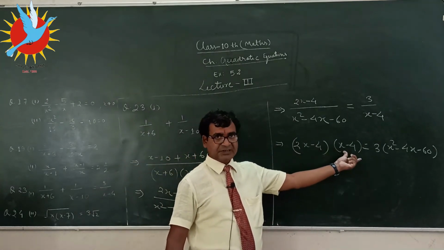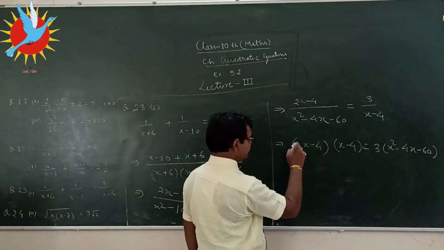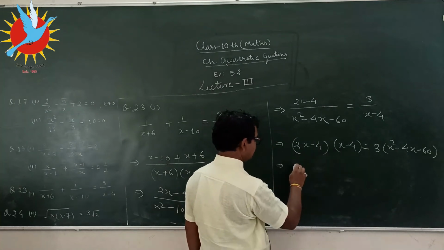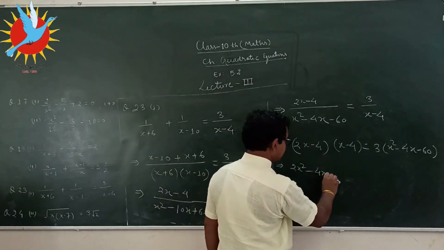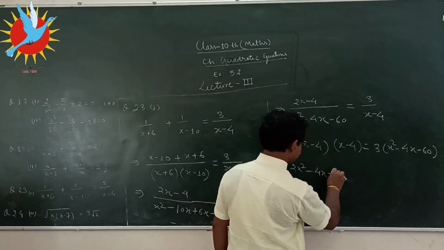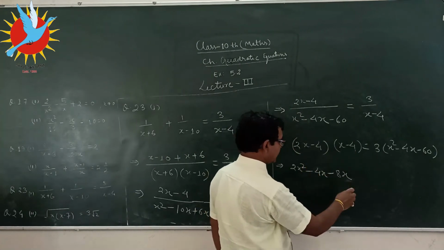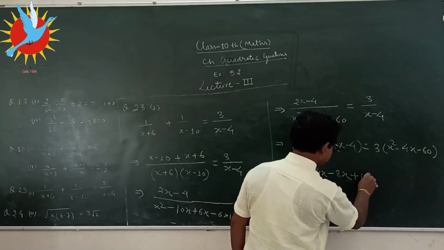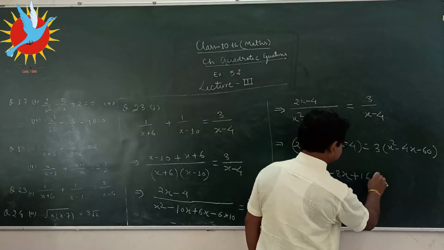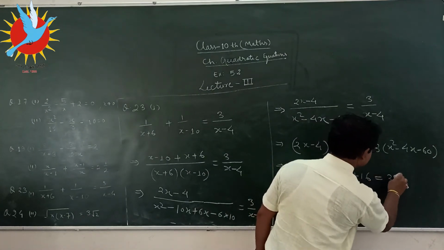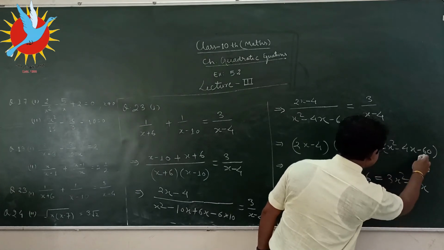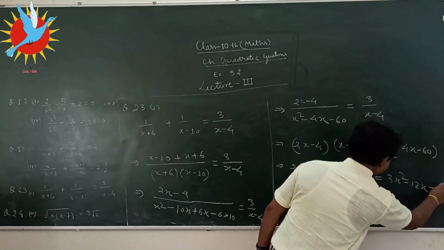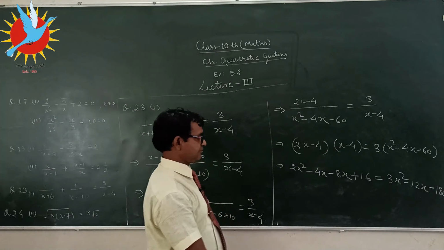First of all, we have to multiply this. X multiplied by 2x will become 2x square minus 4x. This minus 4 multiplied by 2x is minus 8x, and this minus multiplied by minus 4 will become 4 times 4 is 16. Minus minus becomes plus, equal to 3x square minus 3 times 4 is 12x, and this will become 180.